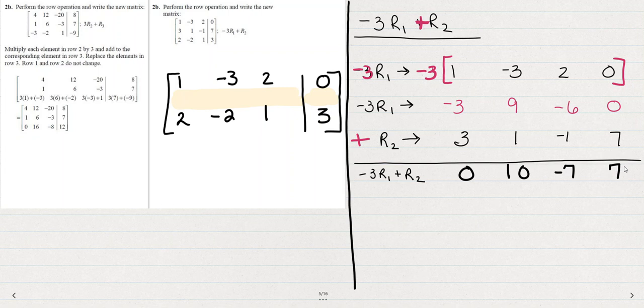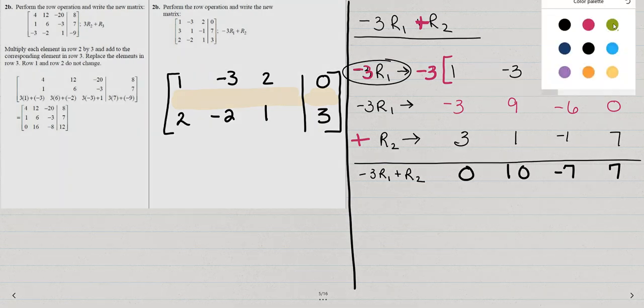So I've got the new matrix. Row 1 is unchanged. I know we multiplied it by negative 3 to use it, but we haven't changed row 1. We were just using this row 1 times the negative 3.